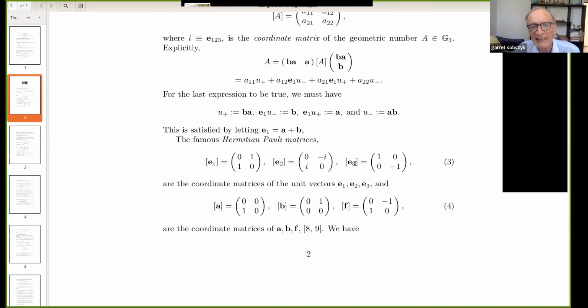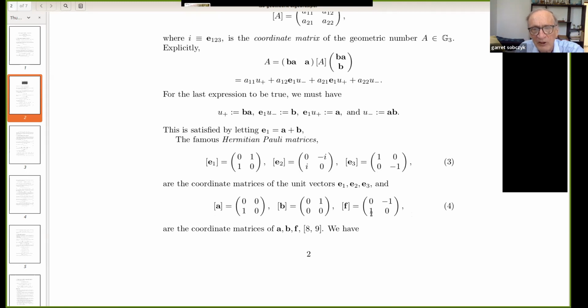And E3 is the usual Pauli matrix, 1, minus 1. So again, this is interpreting the matrix of E2 as a complex matrix because it's in the geometric algebra G3 here.